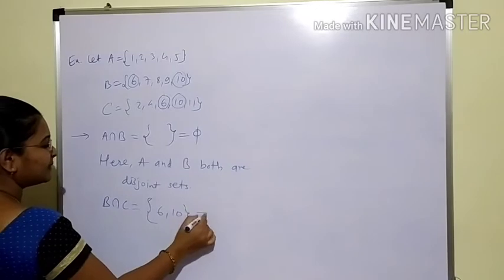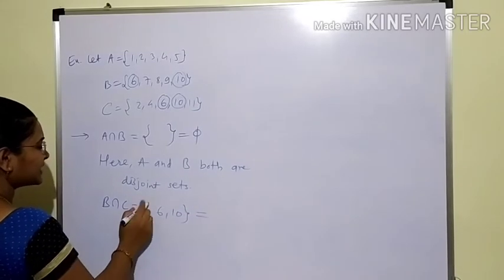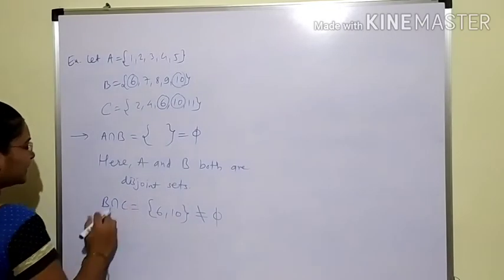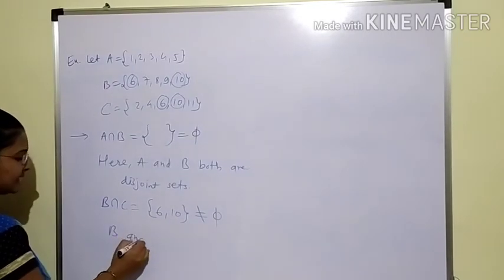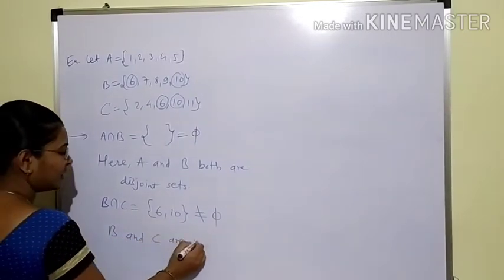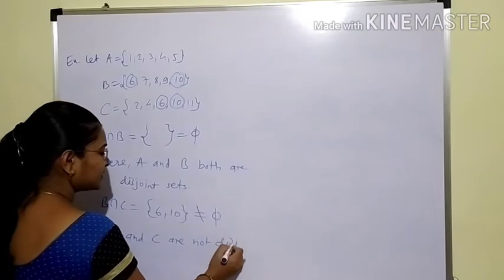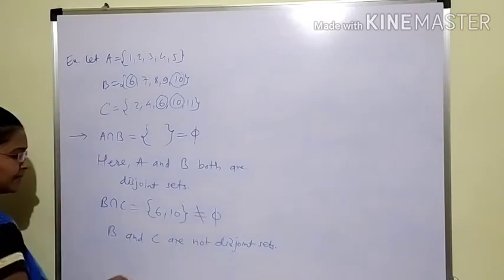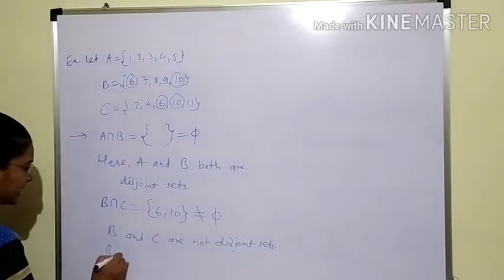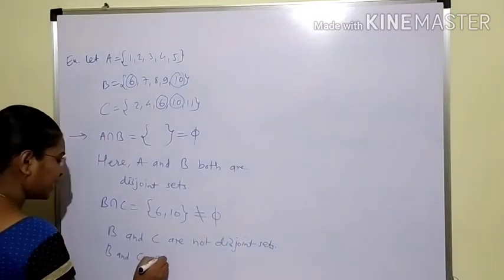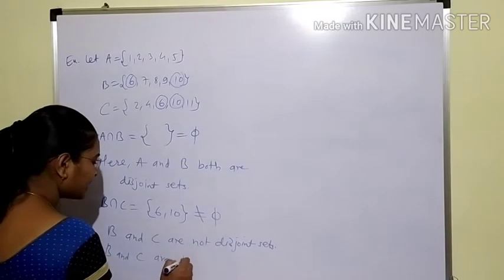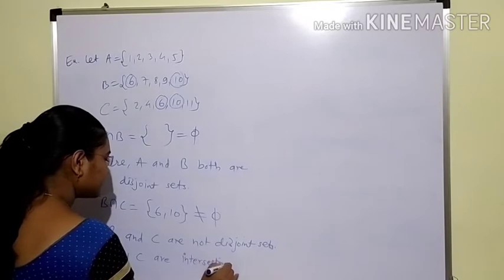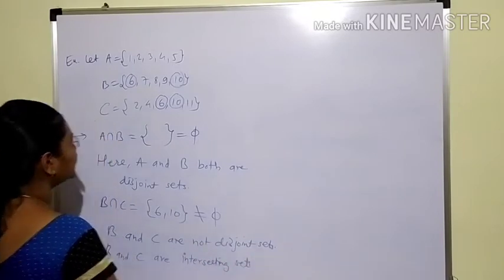Now if we see B intersection C, B intersection C will have 6 and 10, two elements in common. That means this intersection is a non-empty set. So here B and C are not disjoint sets, or we can say B and C are overlapping or intersecting sets.